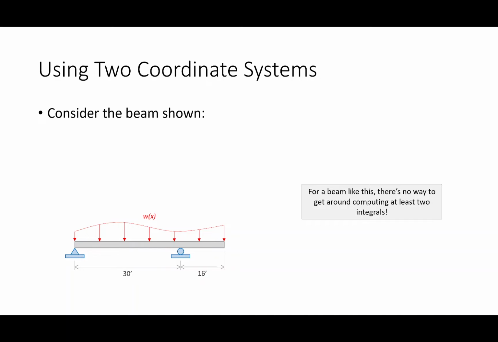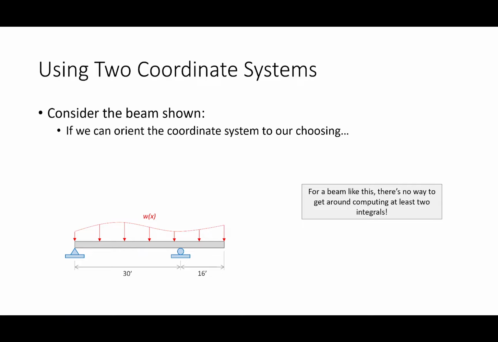You're going to have to do two integrals, because if I look at my moment diagram, I'm at least going to have, maybe sort of a parabola like this and sort of another parabola like that. There's no way of getting around the fact that I'm going to have a function from here to here and a function from here to here. I'm going to have to do two. Okay. All right.